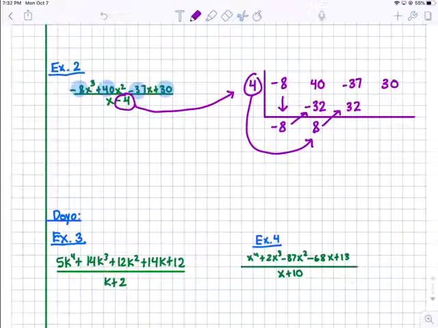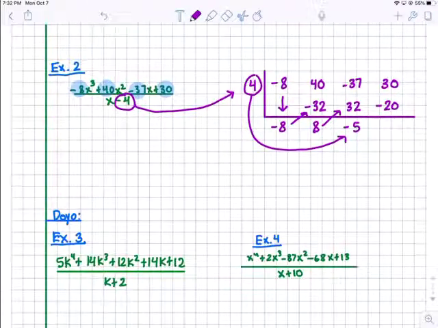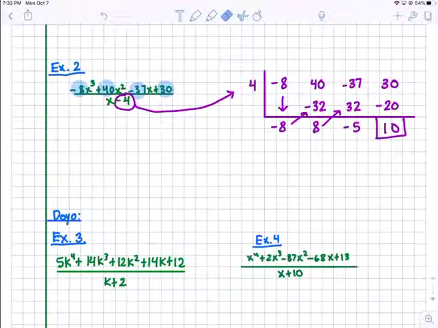And then you add. Multiply. And then you add. So, we got 10 in this problem. Okay, so let me just make sure my math is right there. All right, looks good.